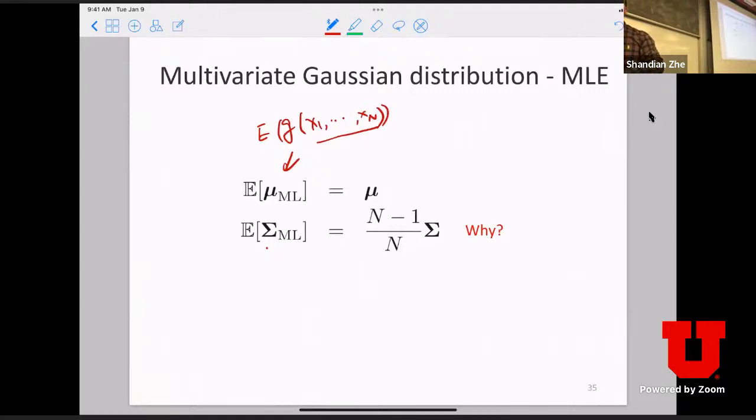Then I call it unbiased. So for the mu estimate, we know that it is just the average of each observed data point. So if you take the expectation of mu ML, it is the expectation over the summation, and you can just move it in.